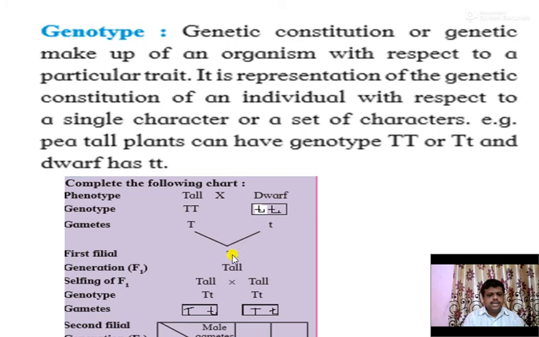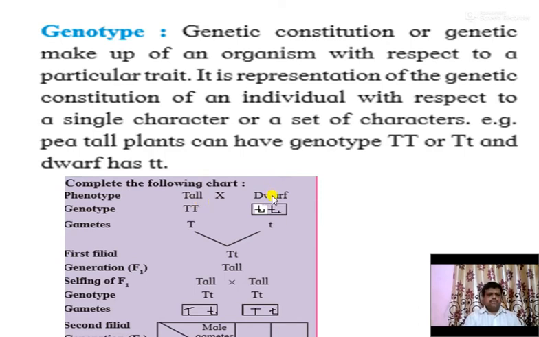It is produced from a cross involving pure parents. Now this one is pure for tallness, and this one is pure for dwarfness. So this F1 plant is produced by the crossing of two parents which are pure for that particular trait.